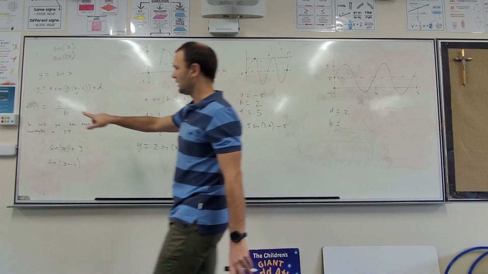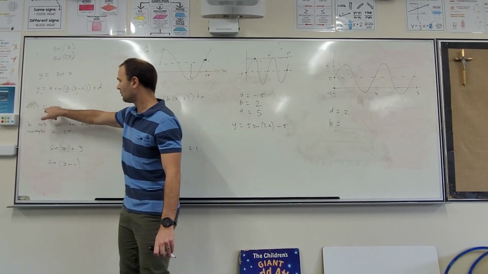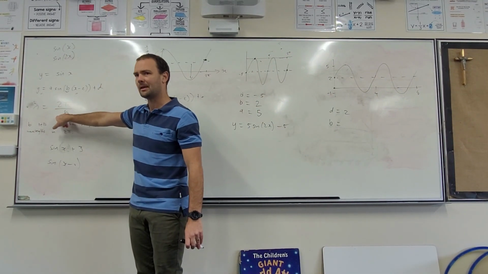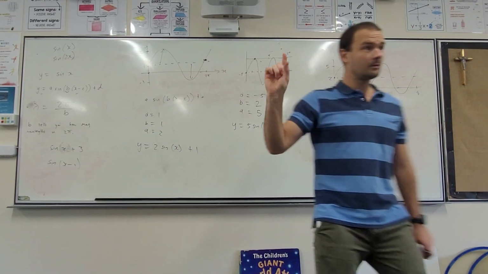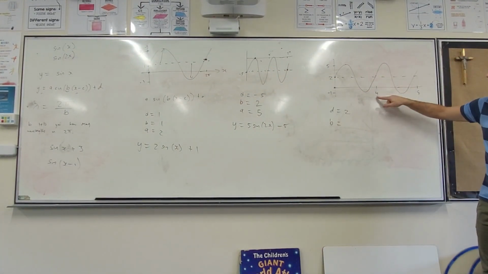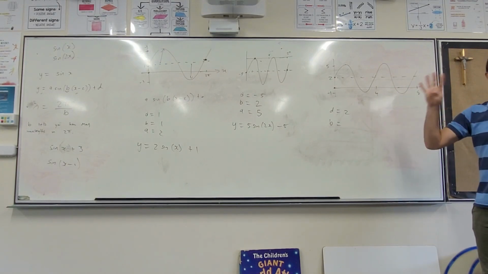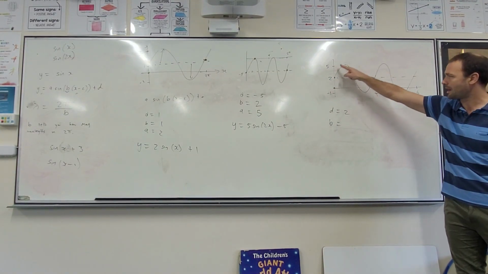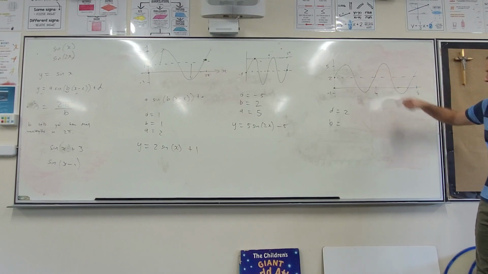And so we're going to use this. The wavelength is equal to 2 pi divided by B. We can very clearly see what the wavelength is here. The distance for one wave is 4 units. Lambda equals 4. One wave, one peak, and one trough is 4 units.